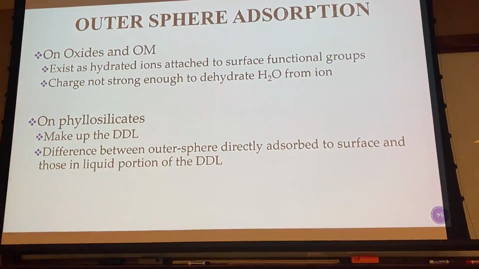So they will be exchanged or desorbed more readily than inner sphere complexes, because there's that little film of water, and that little film of water can, from adhesion and cohesion, add another water molecule, another one, and eventually it gets far away enough that that balloon does not stick to the wall.